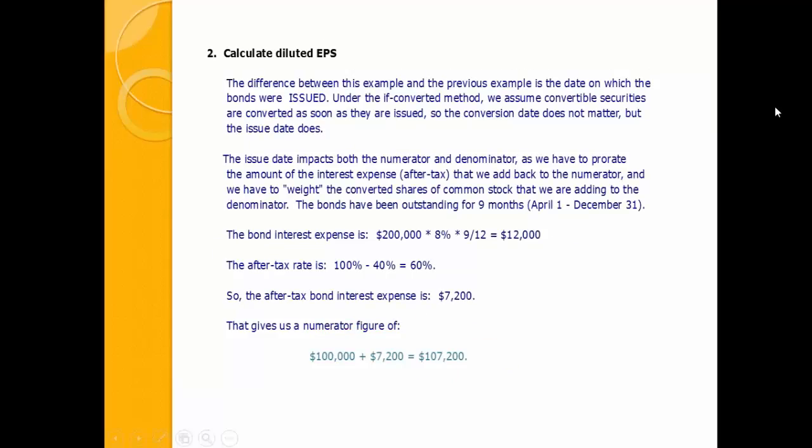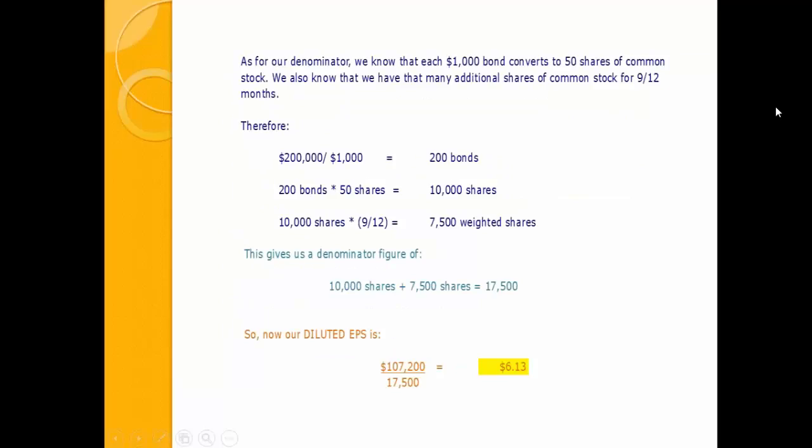Continuing on here, we have $200,000 for the bond divided by $1,000 for each bond, so we have 200 bonds. The 200 bonds multiplied by 50 shares is 10,000 shares.